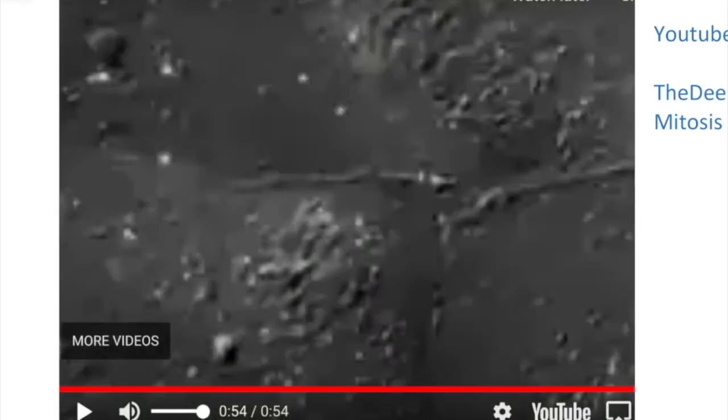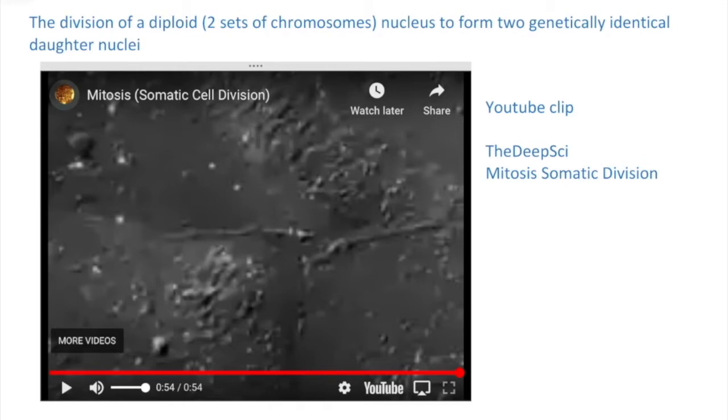So this is the process of mitosis, which is the division of two diploid cells, two cells with full sets of chromosomes, to form two genetically identical daughter cells, or daughter nuclei. So this process is happening in every tissue in your body, replacing cells.